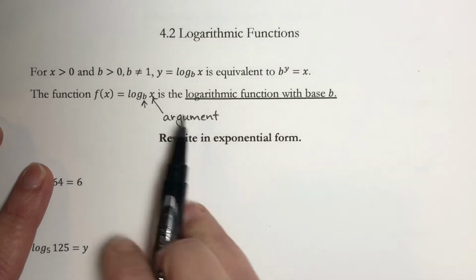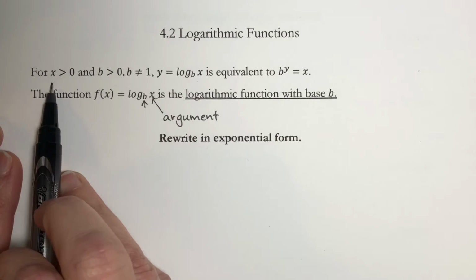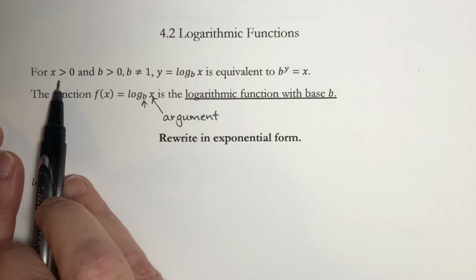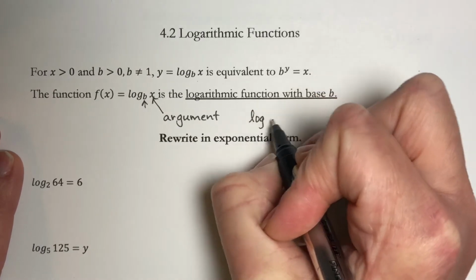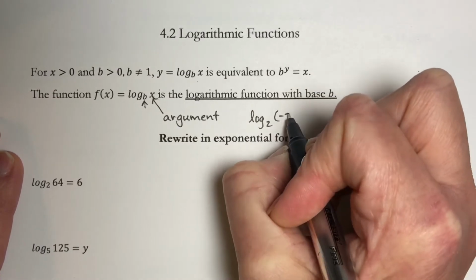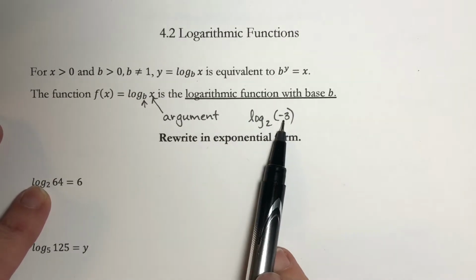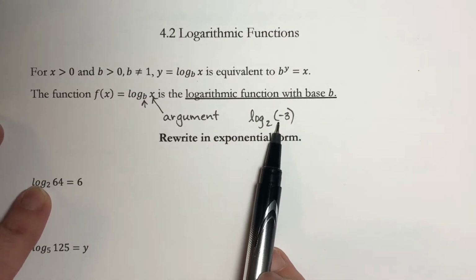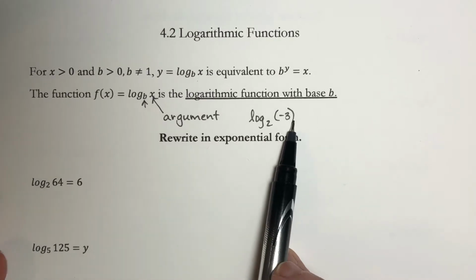And the argument always has to be greater than 0. This means we have to be worried about our domain. I could not take log base 2 of -3. It doesn't matter anything else about here. I can't have a negative number in here, and I will get an error message if I should do that.